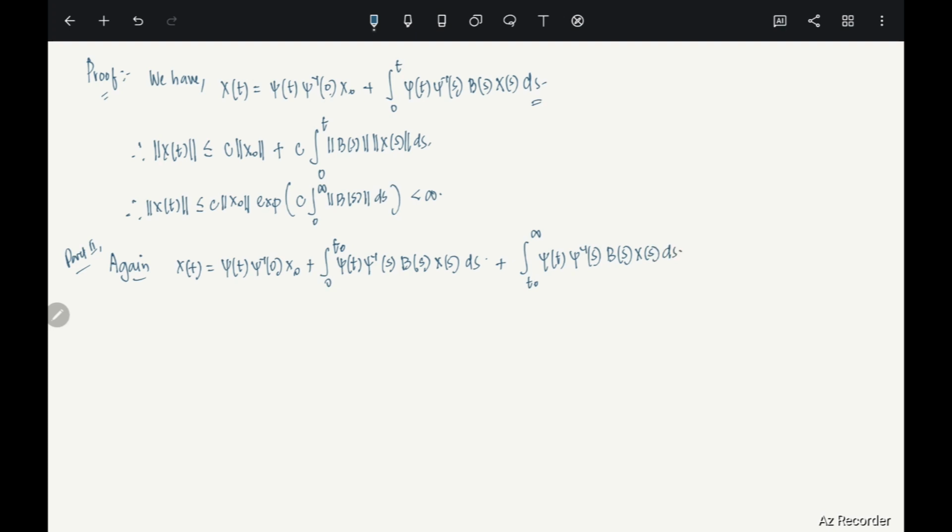Now, therefore, if we take the norm on both sides, that is given by norm of phi of t, phi inverse of 0, norm of x naught, right? That's what we're going to get, plus norm of phi of t.